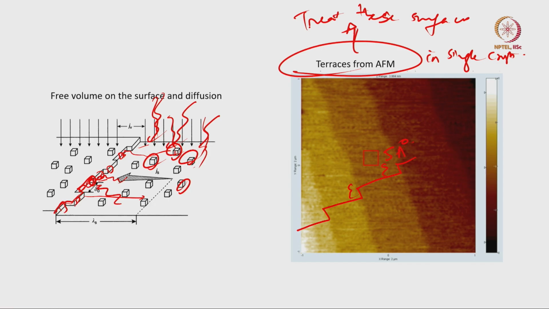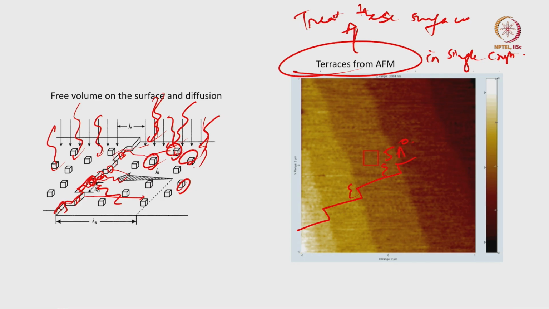This is very important for atomic diffusion on the surfaces, and this happens during the growth. Especially when atoms are coming from gaseous phase or plasma phase, falling onto my substrate, they are getting sprinkled onto the substrate, and then they move around. At reasonably high enough temperatures, they go to the terraces and get stuck there.